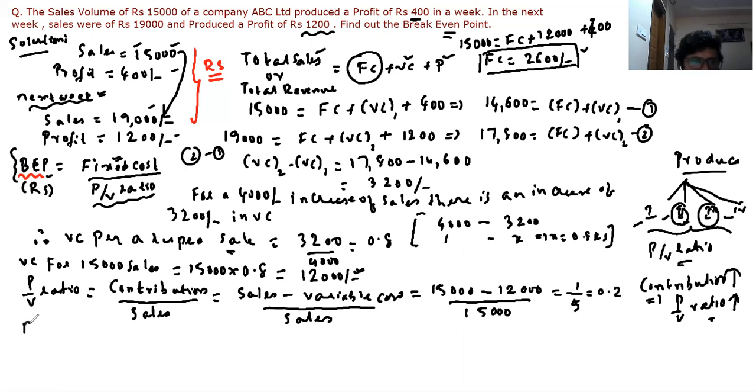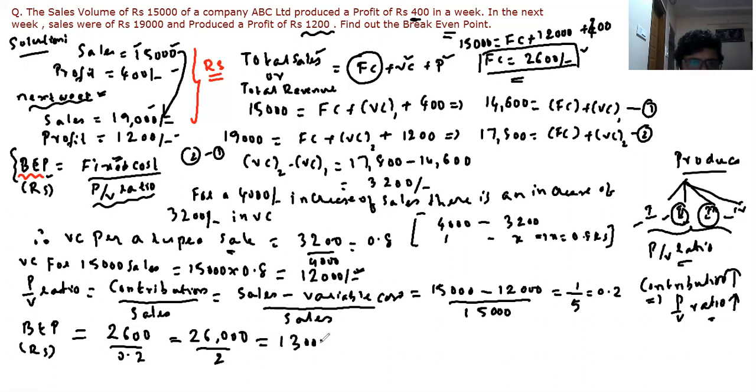So the break-even point which we need to find in terms of rupees is equal to fixed cost. Fixed cost, we got it as 2600, divided by P by V ratio, which we got as 0.2. So it comes around 26,000 divided by 2. So the break-even point will be 13,000 rupees.